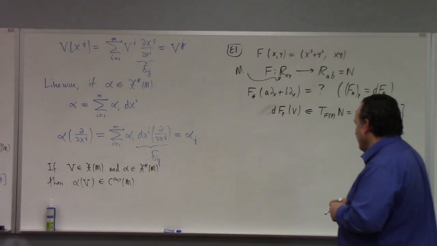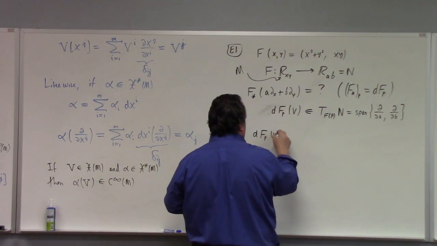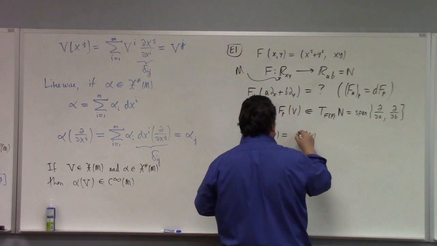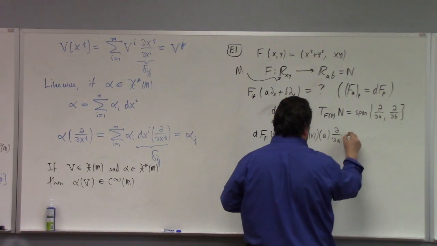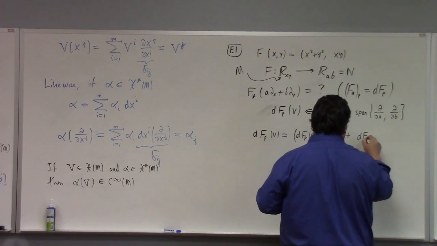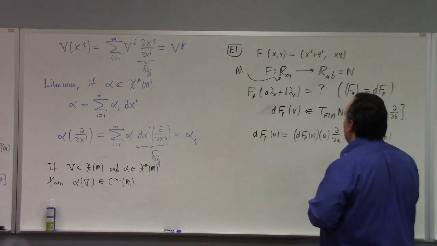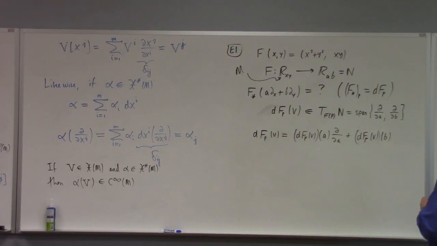So that means that dfp of v has to be something like dfp of v acting on A, partial partial A, plus dfp of v acting on B. Oh, my bad. I did something really unhelpful here. I used the A and B in two wholly different ways. Not good.